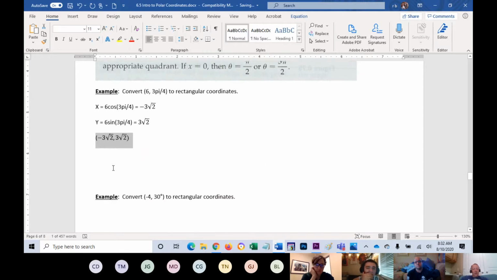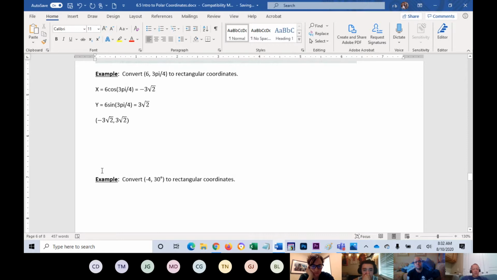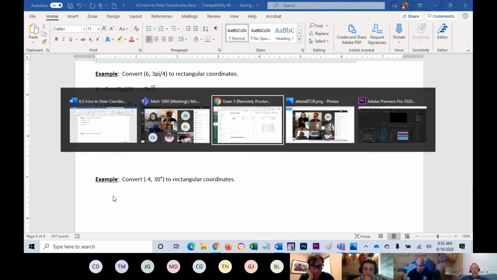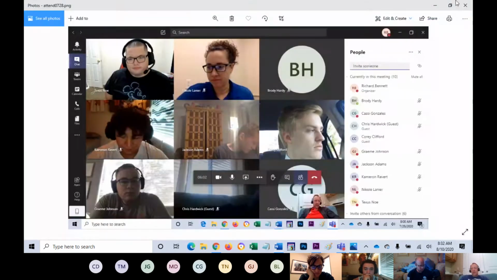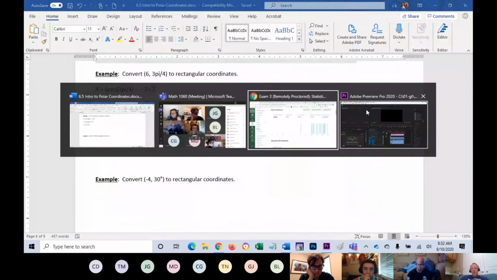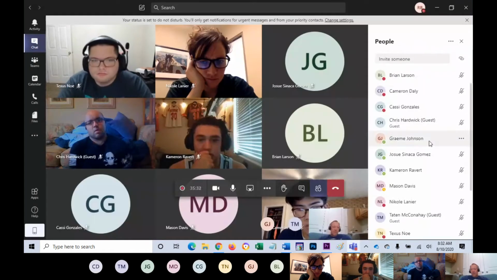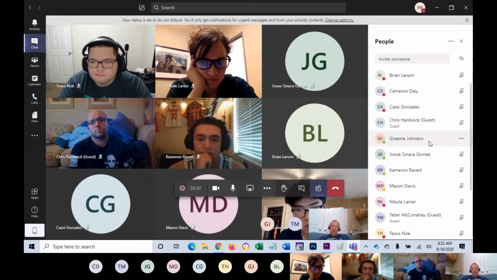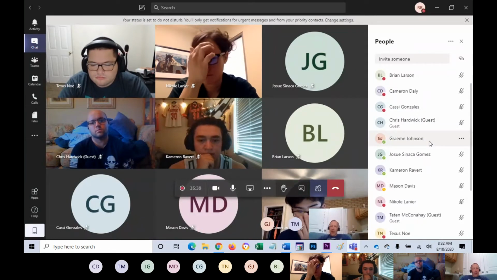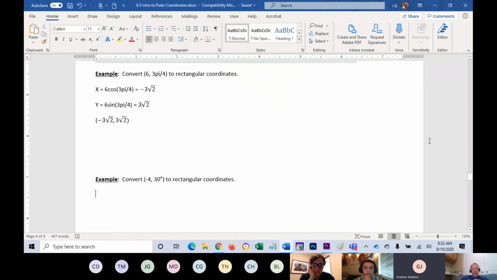Okay, so let's have you guys convert negative 4, 30 degrees to rectangular coordinates. Let's go to Graham. Graham, can you do that? Which one did you want me to do? Oh, that one right there, converting negative 4, 30 degrees to rectangular coordinates.